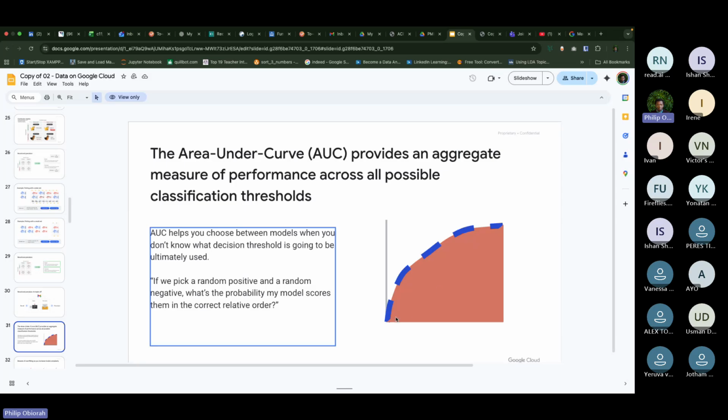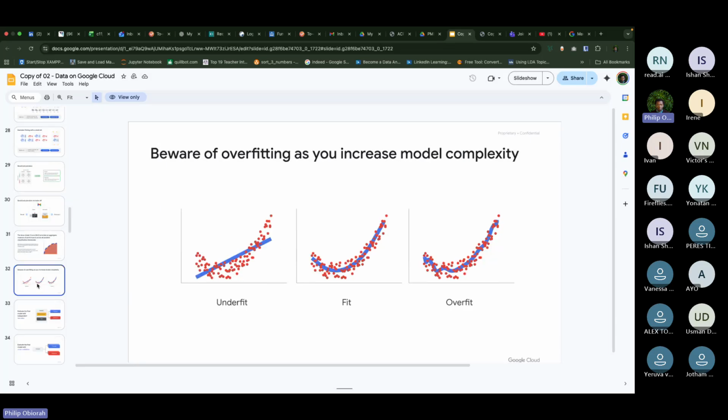This graph shows you, for each threshold, what it plots.